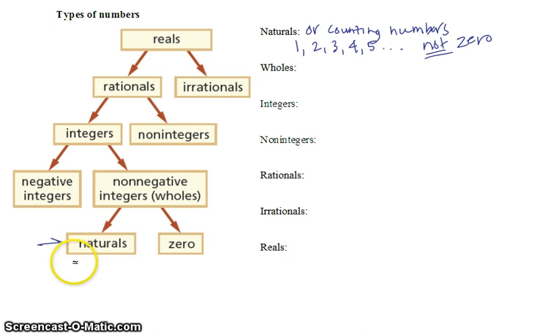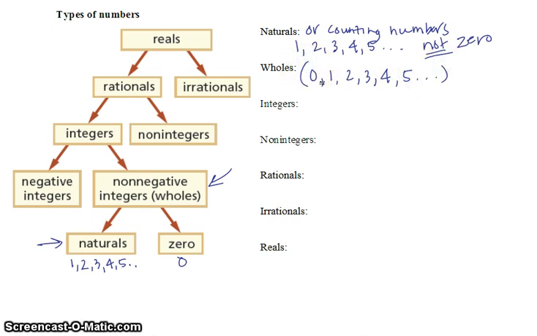So that's why we have the naturals down here on the chart, 1, 2, 3, 4, 5, and so on, and then we have 0. Those all are non-negative integers or whole numbers. So as we're working our way up the chart, we have non-negative integers or whole numbers. That would include 0, and then 1, 2, 3, 4, 5, and so on.